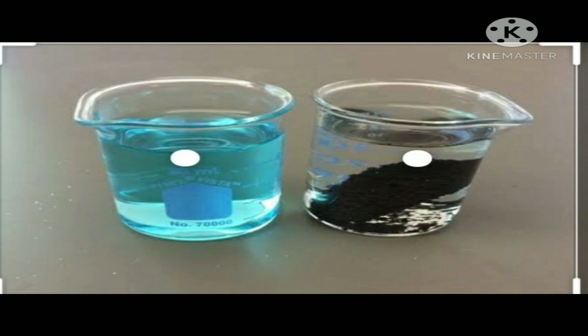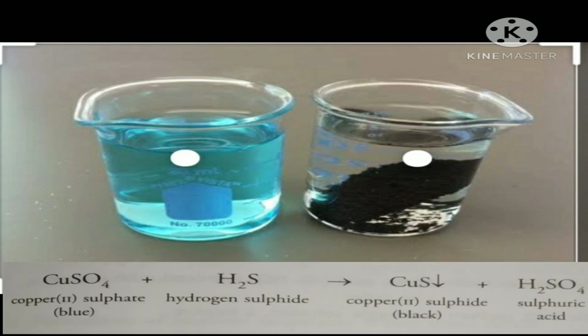Let's see another example. When copper sulfate reacts with hydrogen sulfide, copper sulfide and sulfuric acid are produced. The copper sulfate is blue in color, whereas the product copper sulfide is black in color. So there is a distinct color change from blue to black.